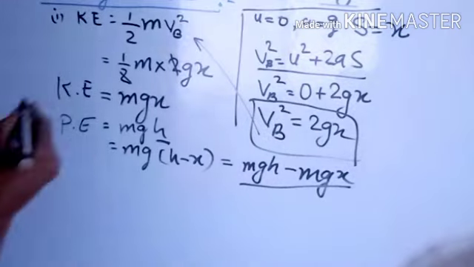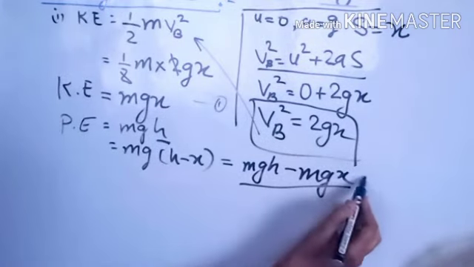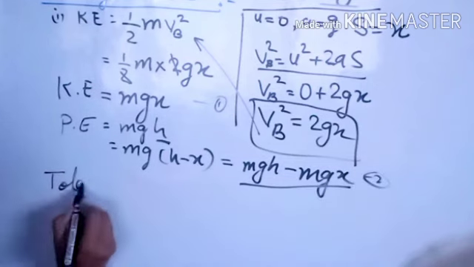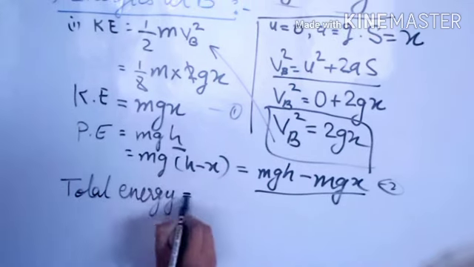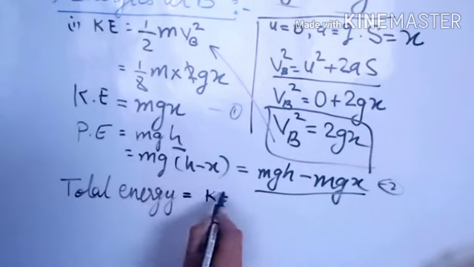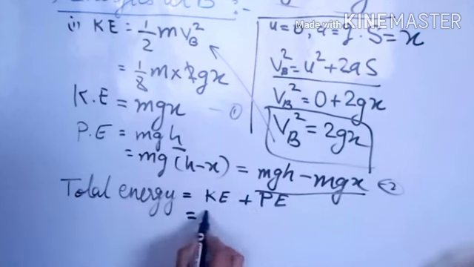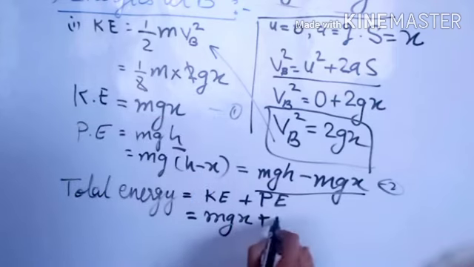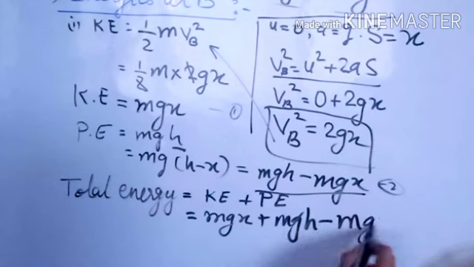Now we will add these two energies, kinetic energy and potential energy. So the total energy is equal to kinetic energy plus potential energy, which is equal to mgx plus mgh minus mgx.